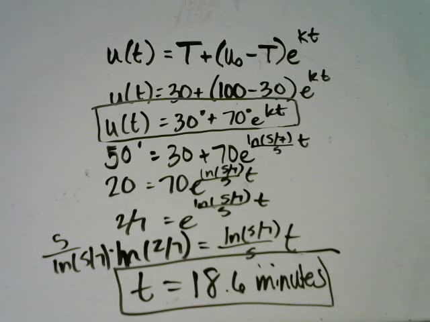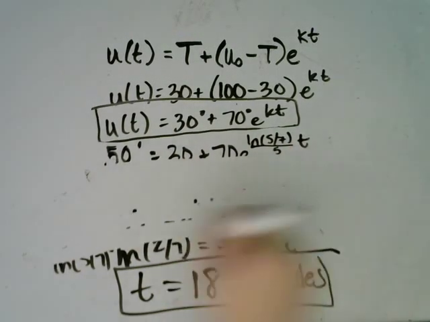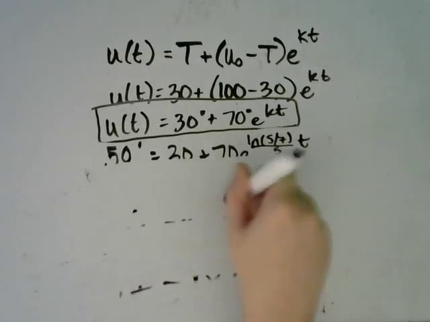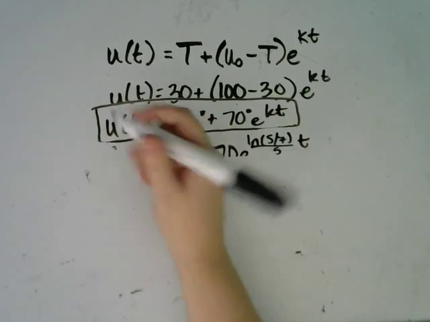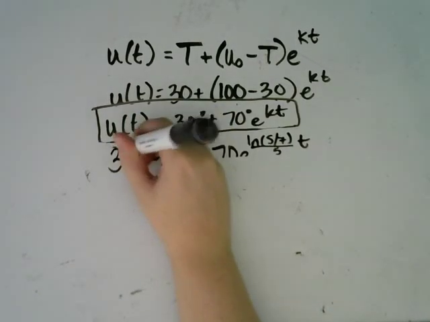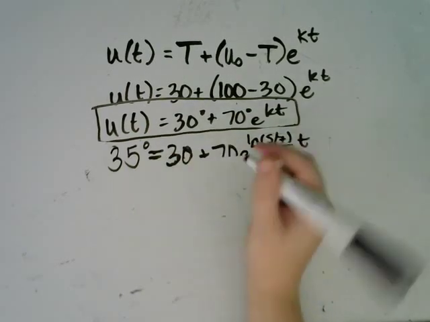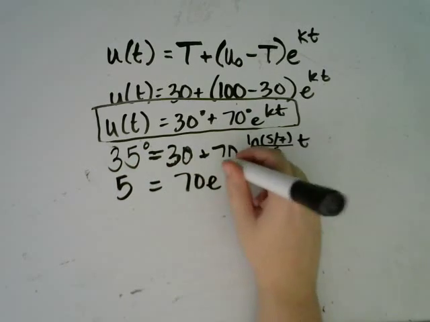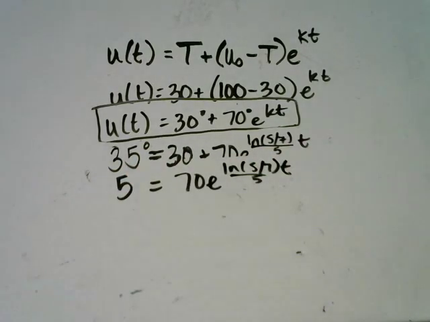Same setup, different question. So I'm going to back it up. And now answer how long it will take the object to reach 35 degrees, using the exact same steps. So 5 equals 70 e to the ln 5/7 over 5. Divide by 70.